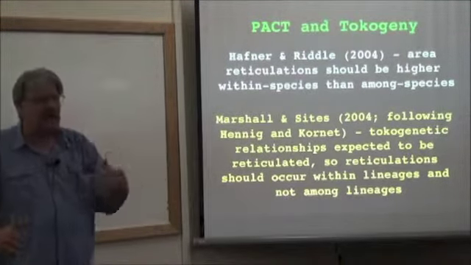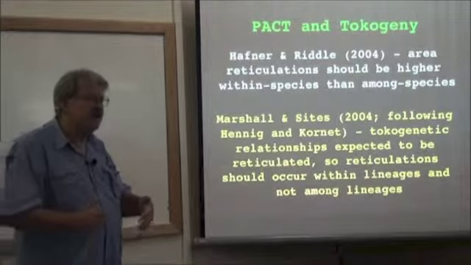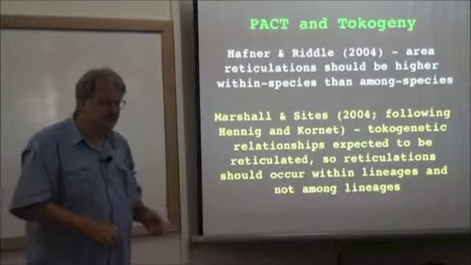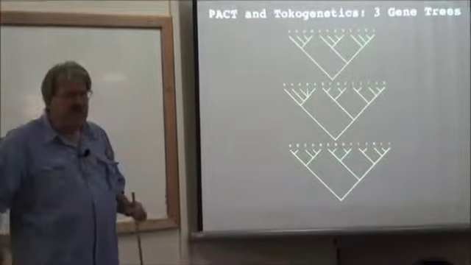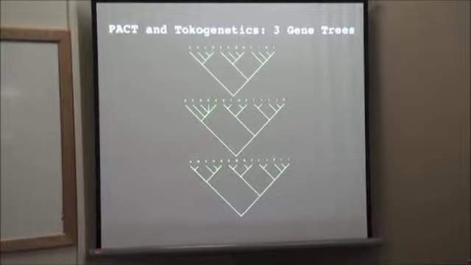So then they went on and said, okay, we have all these statistical things like nested clade analysis and so on, and somehow we'll be able to figure this out. Isn't this interesting? But it turns out that PACT actually allows us to look at tokogenetic relationships.